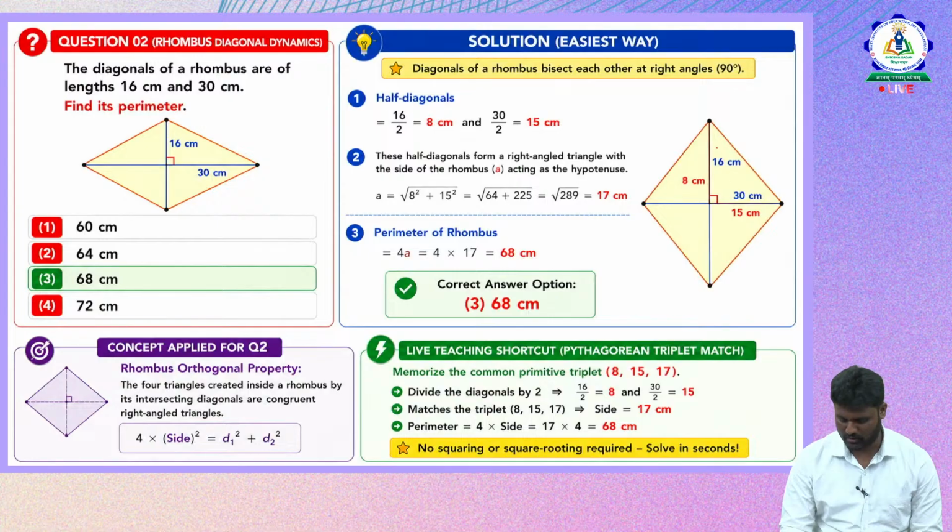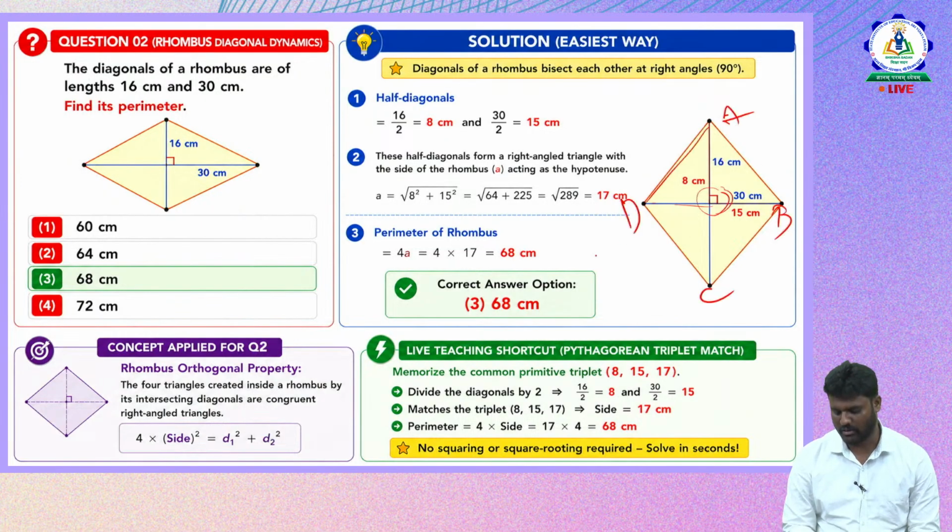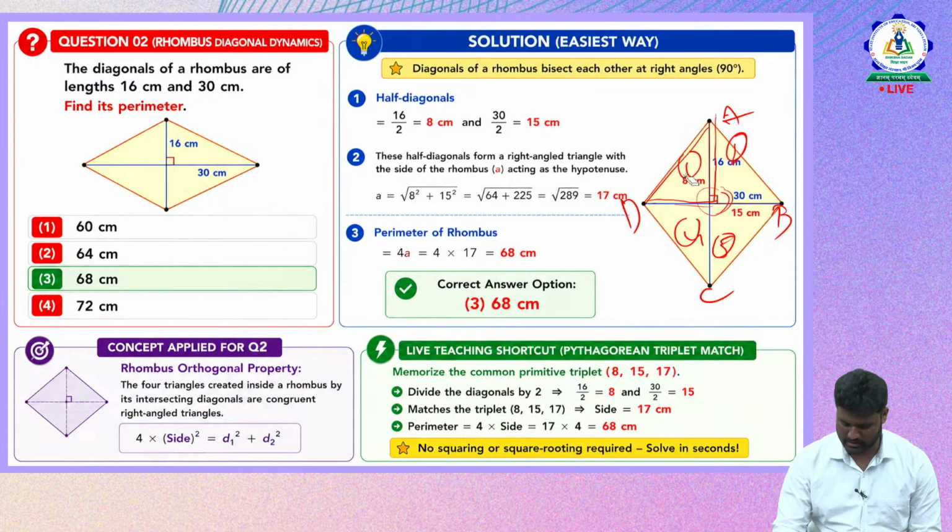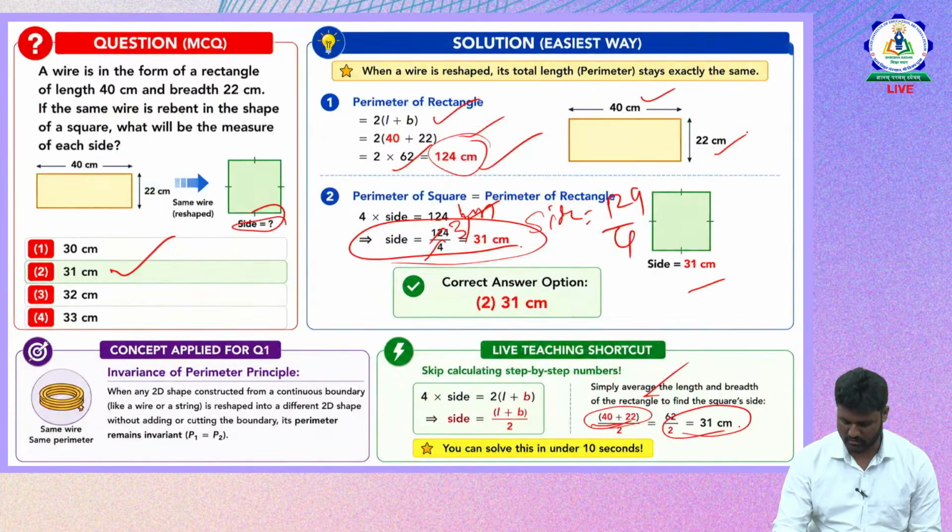Because when the diagonals of a rhombus intersect, they bisect each other at 90 degrees, which forms right angle triangles. In rhombus ABCD, all the triangles after bisecting form right angle triangles. So now, what will be the value of each side?